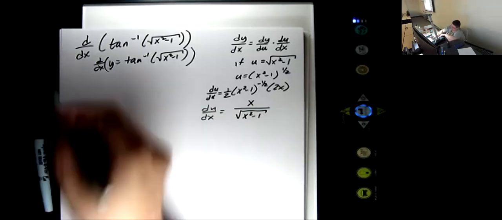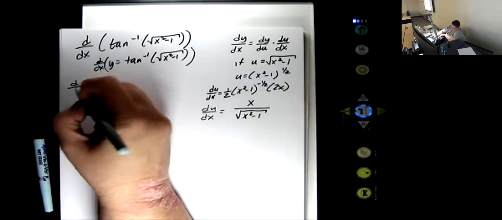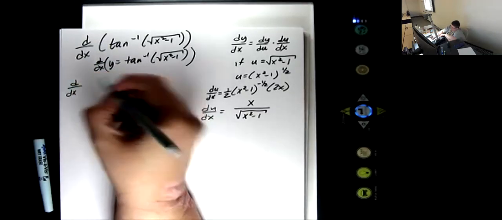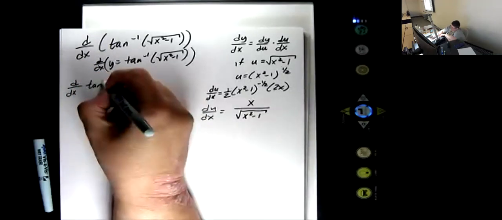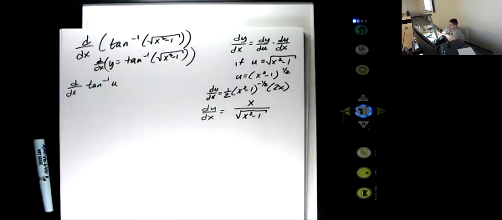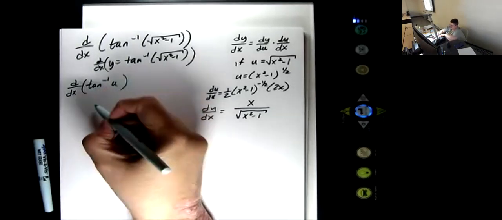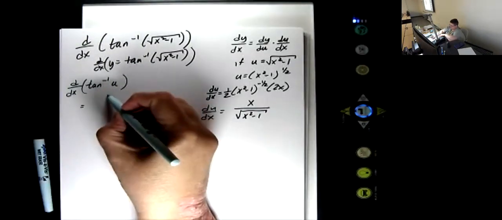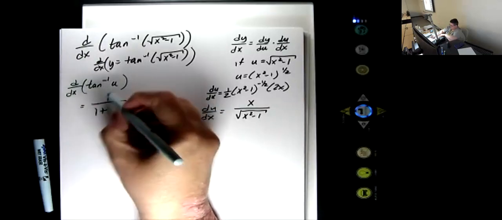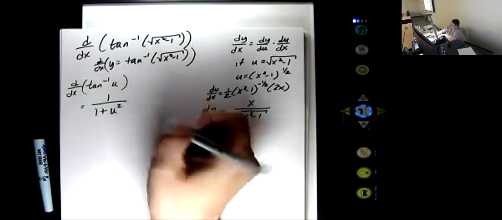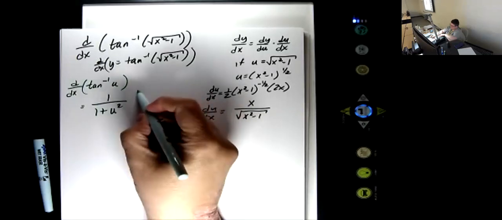And dy du becomes d/du of tangent inverse of u. We saw that was 1 over 1 plus the inside squared, and then we have times du dx.